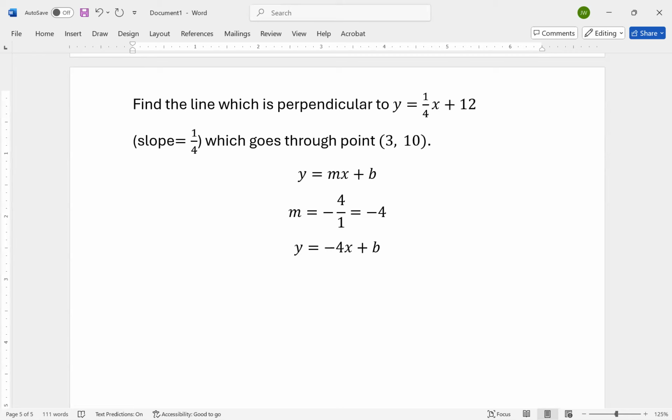Therefore, I know my equation is going to look like y equals -4x plus b. And I can plug in the point that I'm given. I know my line goes through the point (3, 10), so let's plug in that point. That'll give me a true statement.